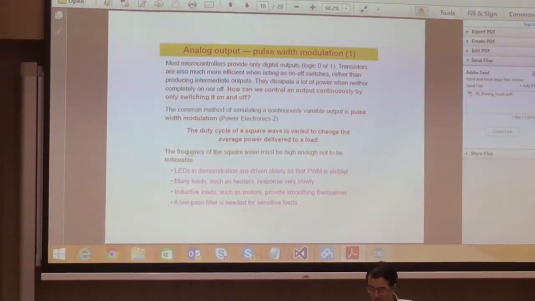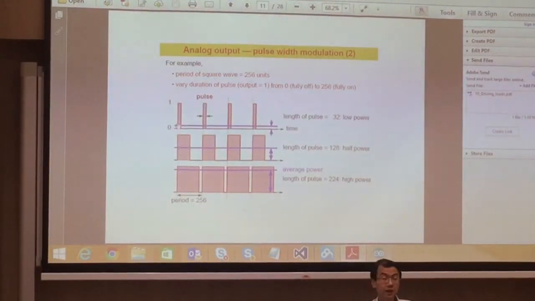So what does the duty cycle mean? Duty cycle is basically the amount of time the pulse is on. When it's on, we say this is on duty. When it's off, it's off duty.